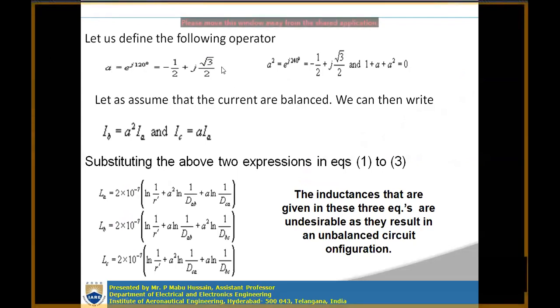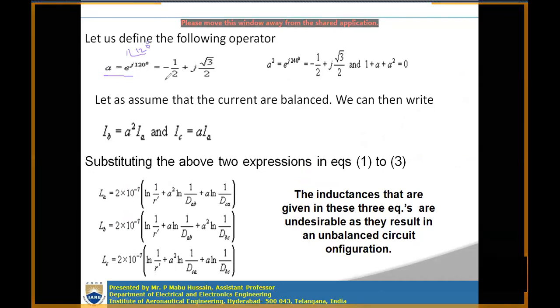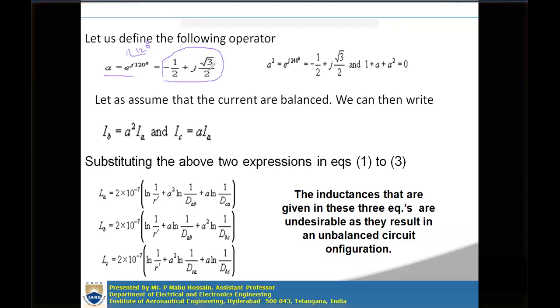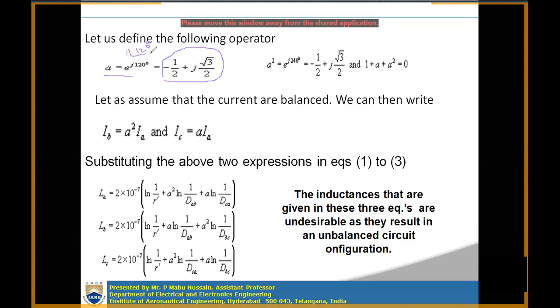Here a is nothing but e power j 120 degrees, or this can be written as 1 at an angle of 120 degrees. So you have to assume this operator. This can be written as e power j 120 degrees.